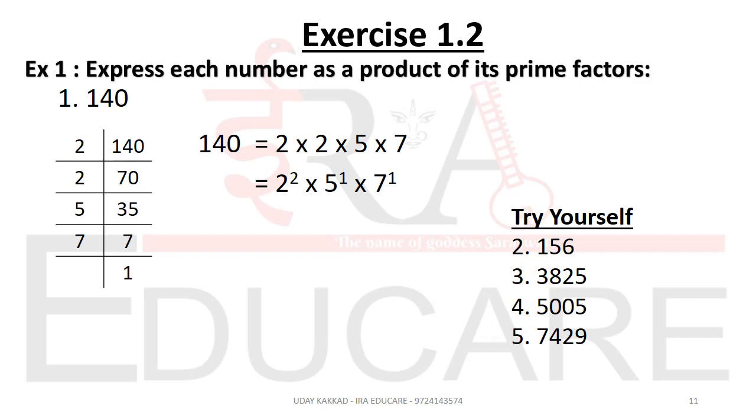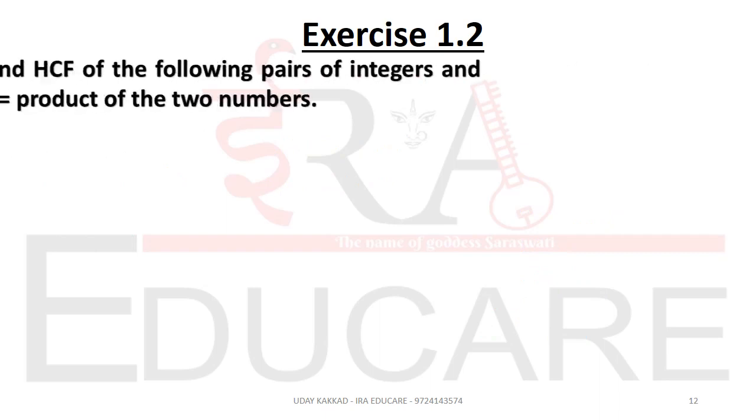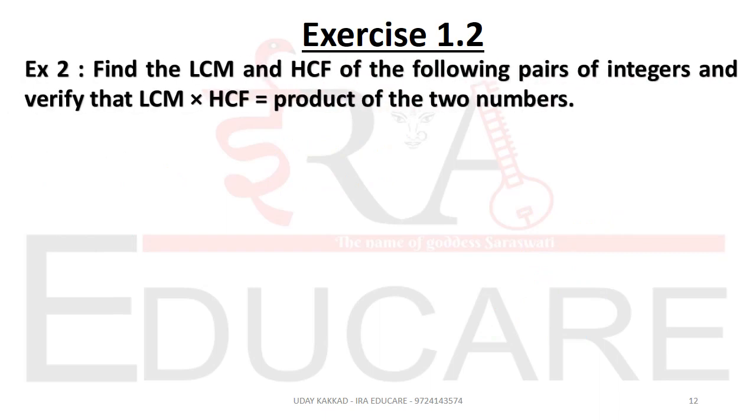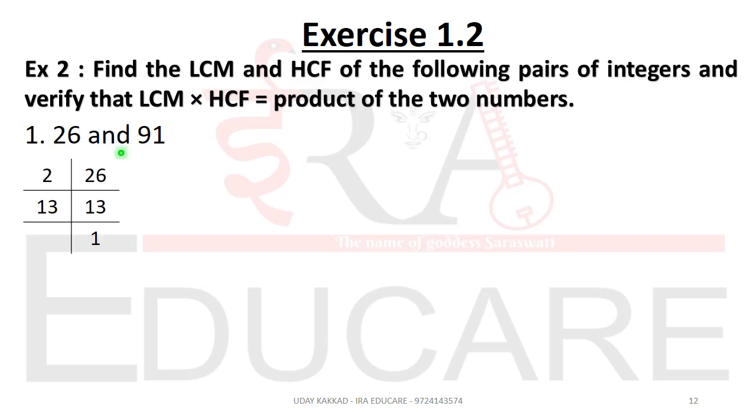Okay, now moving toward the next, let's take example number 2. Find the LCM and HCF of the following pairs of integers and verify that LCM multiplied by HCF is equal to the product of the two numbers. So first we have to find the LCM and HCF of the pair of integers, and then we have to verify this formula. So the first pair is 26 and 91.